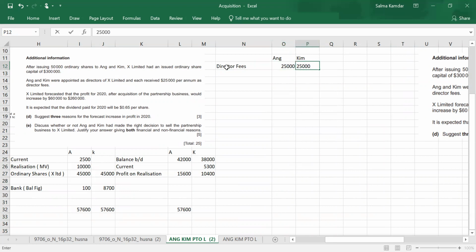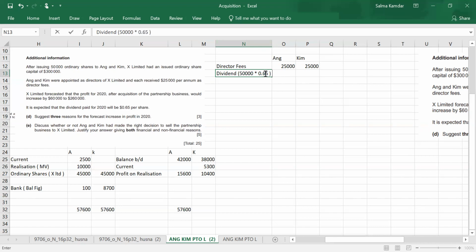Apart from that, X Limited has also given them 50,000 ordinary shares, so they are going to receive dividend of 0.65 per share. So it would be 50,000 ordinary shares into 0.65 per share.